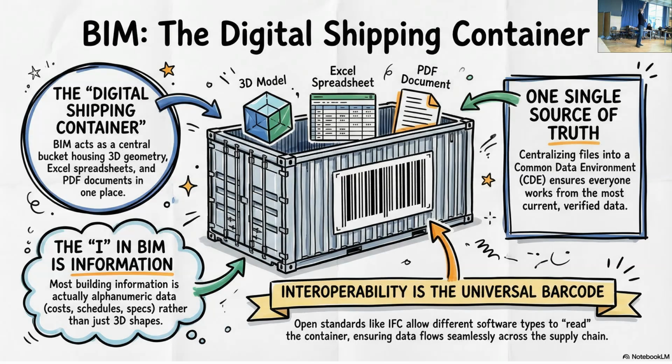Because it's not only the geometry that we need for this projector. We also need the user manual. We also need the purchase details. We also need the maintenance information. How often do we need to change the filter for this projector? We want to know about it. And all these are included in information containers.